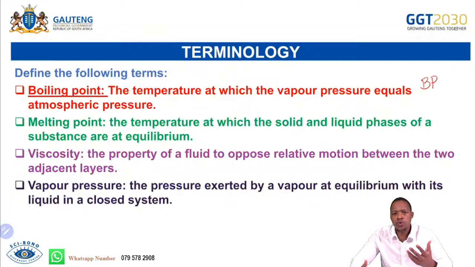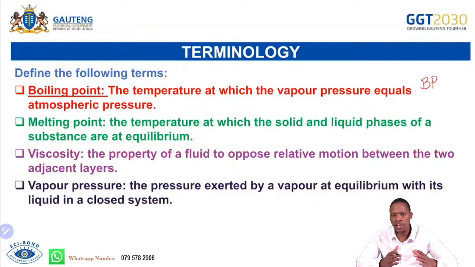Here's what I would ask you to do, grade 12. I would ask you to simply memorize this definition for boiling point, especially all the definitions of these physical properties. Memorize them, but think of them in terms of your general knowledge. What are we saying when we say something is boiling? This is a state where something turns from a liquid to a gas. So when you are trying to answer a question, think of it in terms of general knowledge.